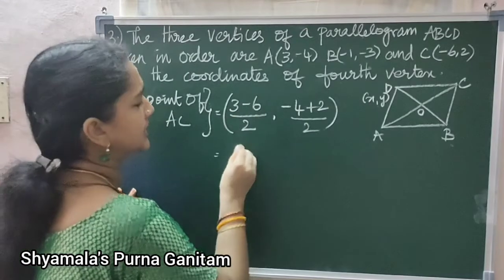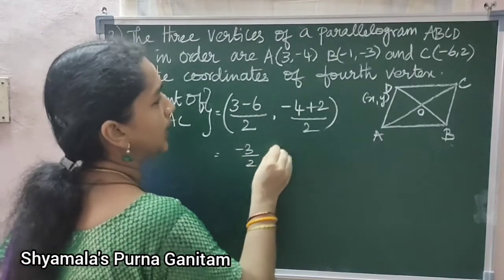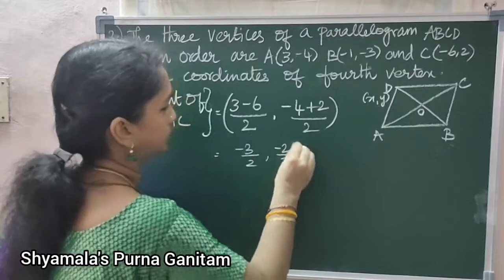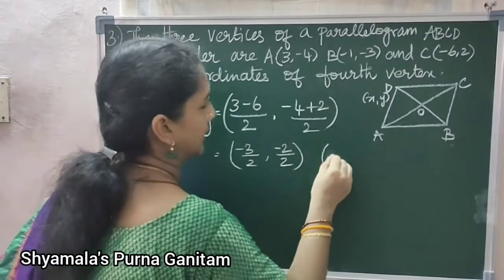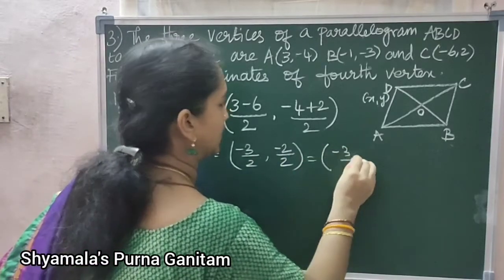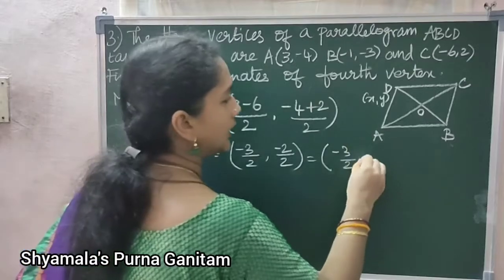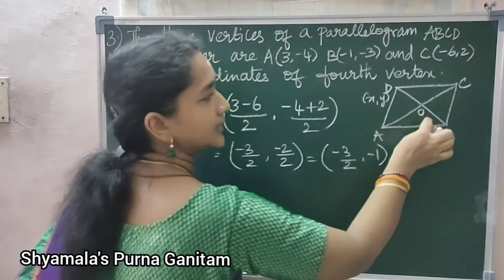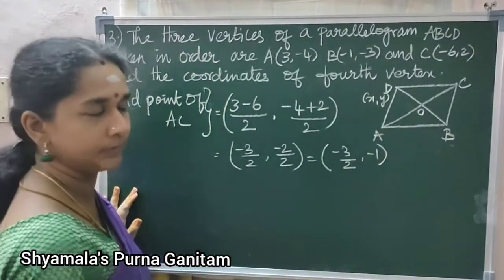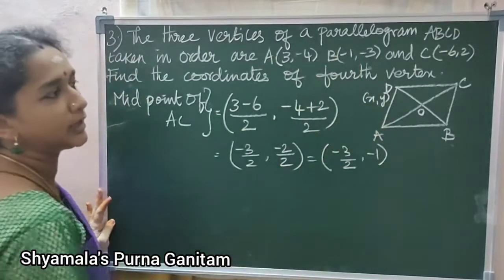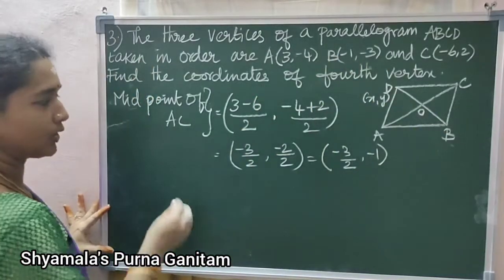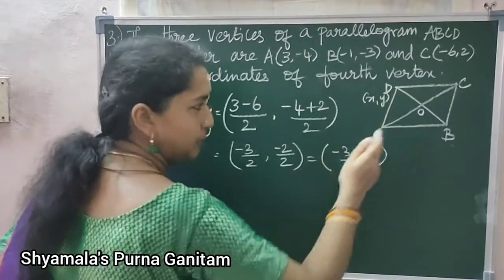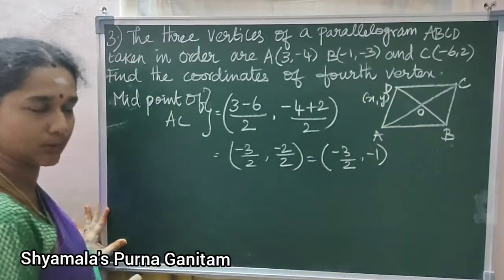Okay, so this one is minus 3 comma 2 and minus 2 comma 2. So you will get the midpoint as minus 3 by 2 comma minus 1. So this is the midpoint O. So this one we are going to equate with BD. Okay. So this O is the midpoint of this BD also.